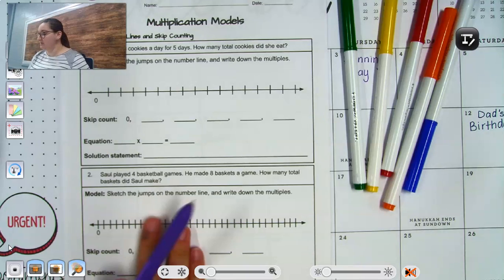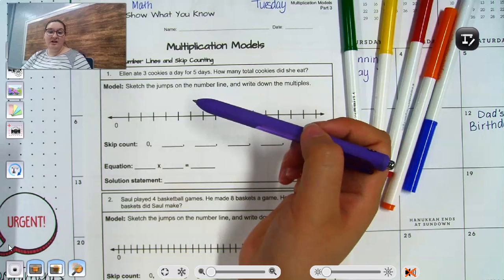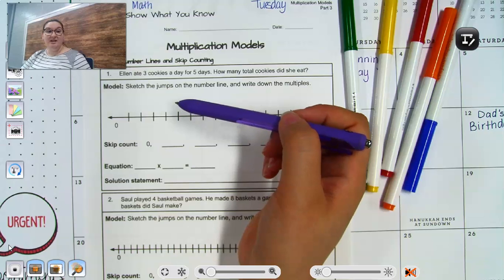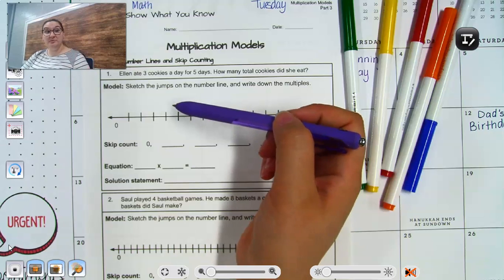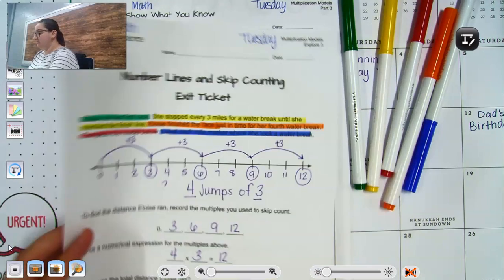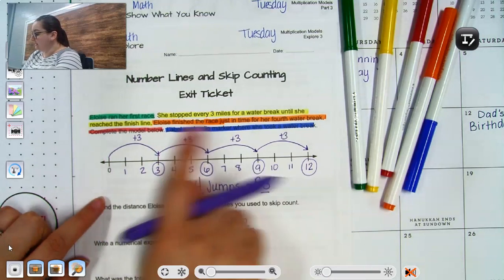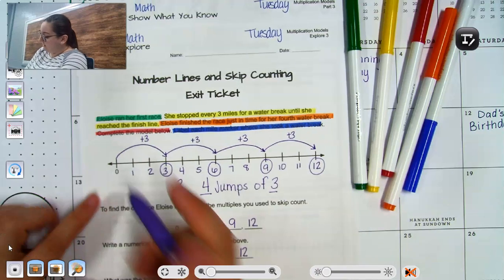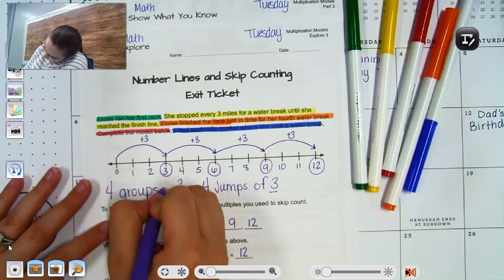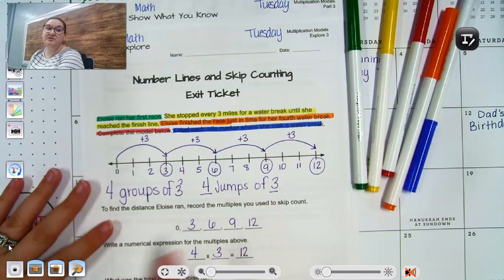Guys, if you need to, come out to the side and draw it in equal groups and then do your number lines, kind of like what we did yesterday with the camping supplies, when it came in groups and then we broke it down into how many jumps. For instance, on this one, if I stopped every 3 miles for a water break and she stopped for her 4th break, that would be 4 groups of 3.